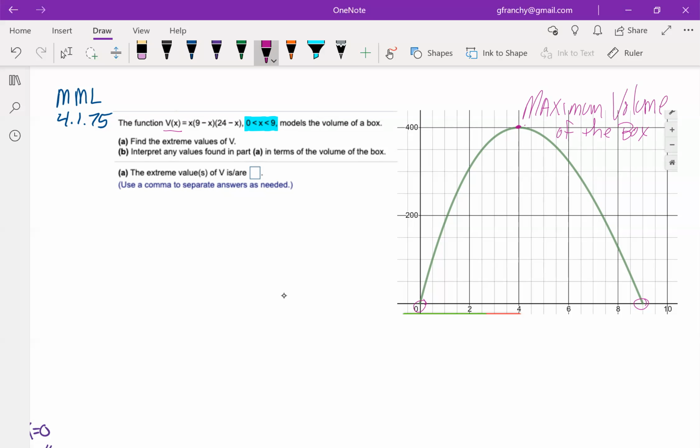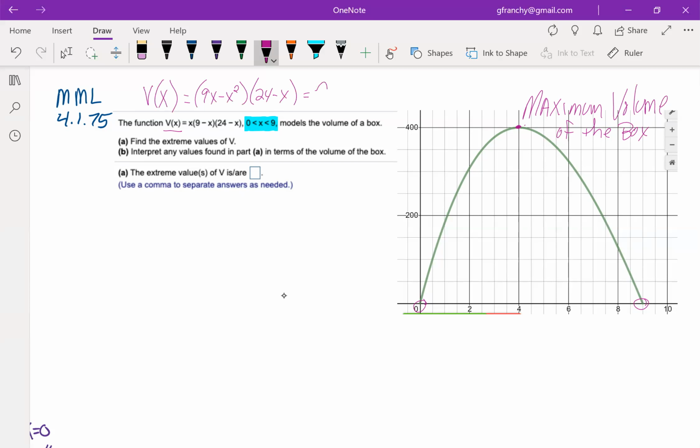The other thing I'm going to do before I do this, because to find the extreme values, we're going to have to find the derivative. We're going to have to set the derivative equal to 0. And again, I don't want to use the product rule on this. So if we were to go ahead and multiply this out, that would be 9x minus x squared times 24 minus x.